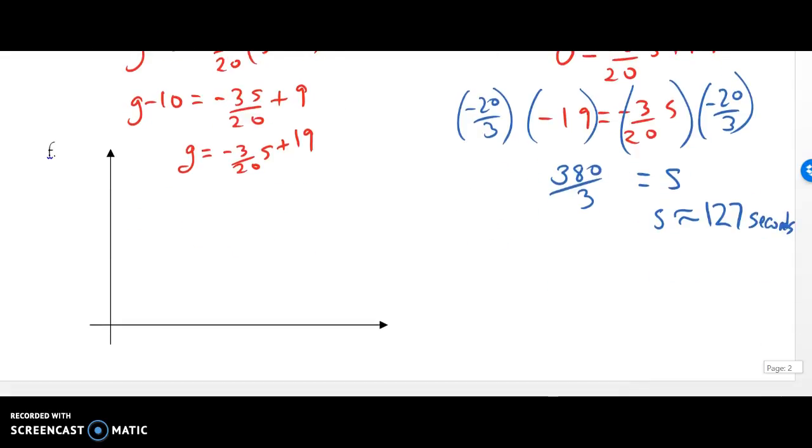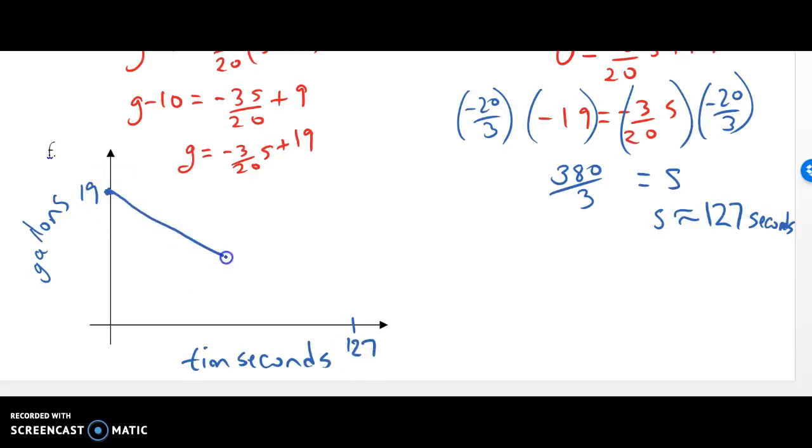So if we were to look at this graph, we would put time in seconds down here, and here we have gallons in the tub. We'd be starting at 19, and over here we'd be ending at 127, and the function would be decreasing at a constant rate the whole time.